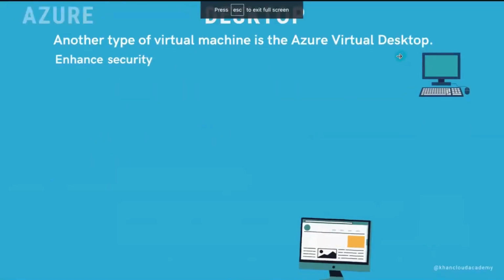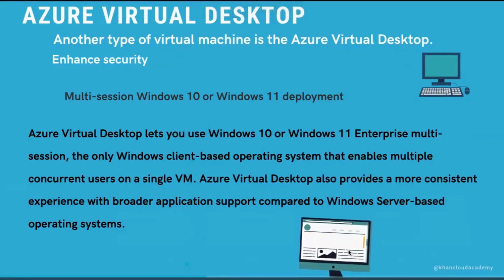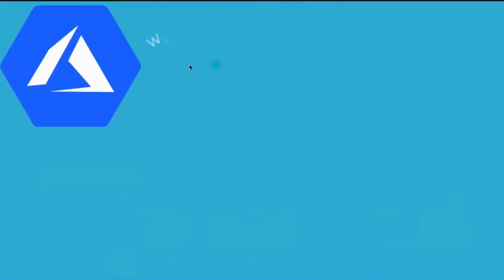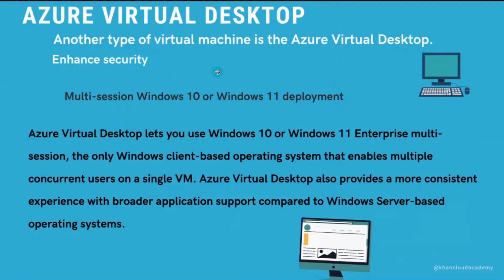Now, the next topic is Azure Virtual Desktop, another type of virtual machine. So what is Azure Virtual Desktop? You may be working on Windows 10 or 11, or have you heard about VDI, Virtual Desktop Infrastructure? It generally runs on virtualization.